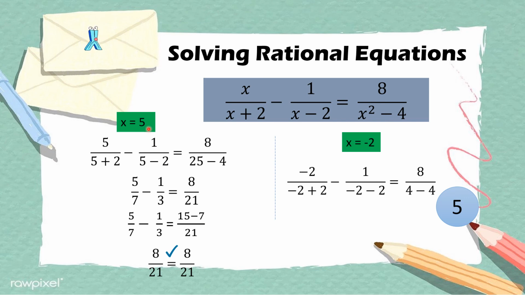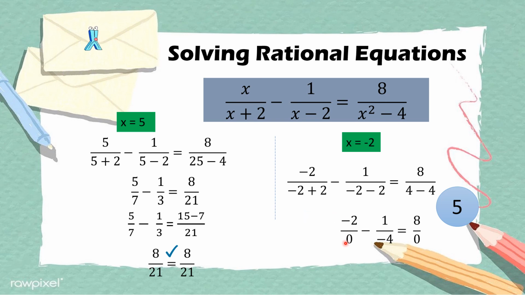Next, we will try if x equals negative 2 is a correct solution. So, replacing all x's by negative 2, negative 2 over negative 2 plus 2 minus 1 over negative 2 minus 2 equals 8 over 4 minus 4. So here, negative 2 over negative 2 plus 2 is 0.